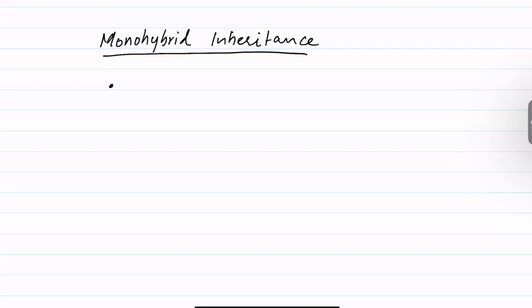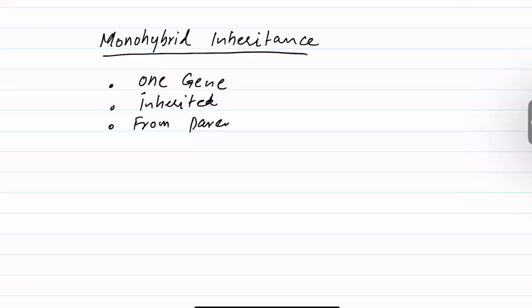Okay, so one gene is inherited from parents to offsprings.